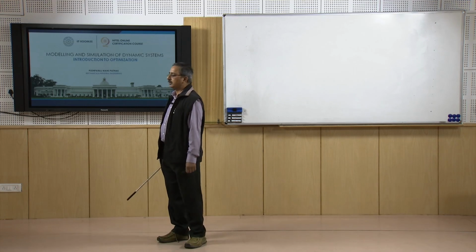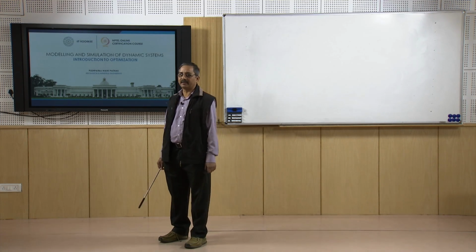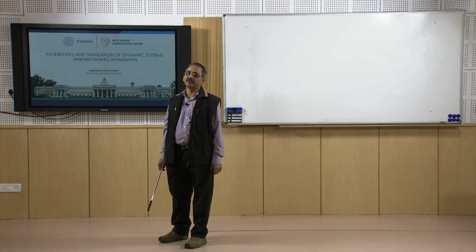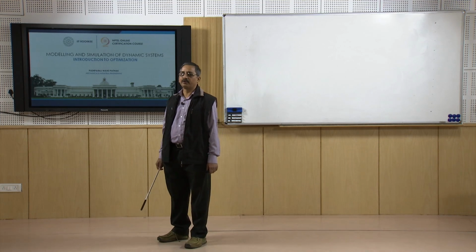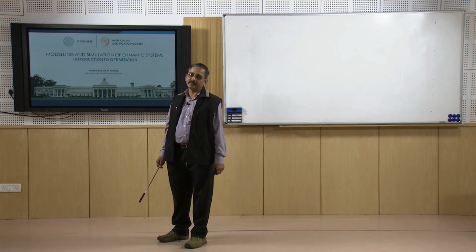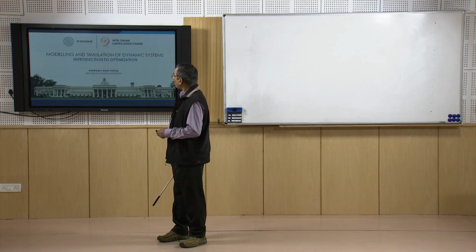So, in the next two lectures we will be looking at optimization methods in general and some specific optimization techniques which could be used in the whole exercise of modeling and simulation of dynamic systems.